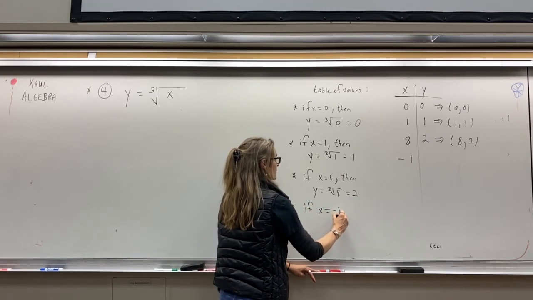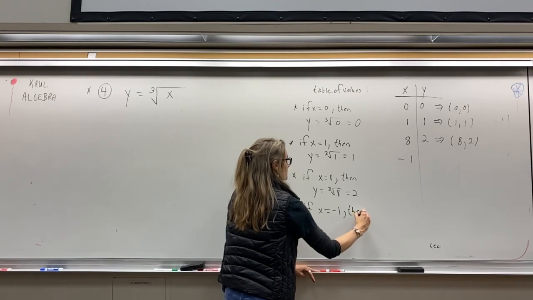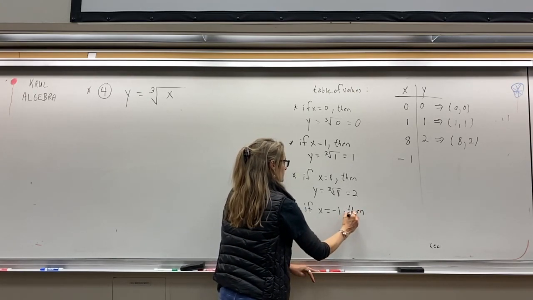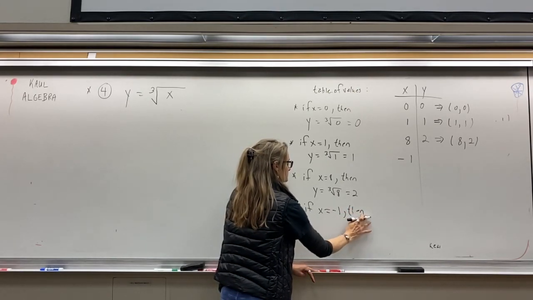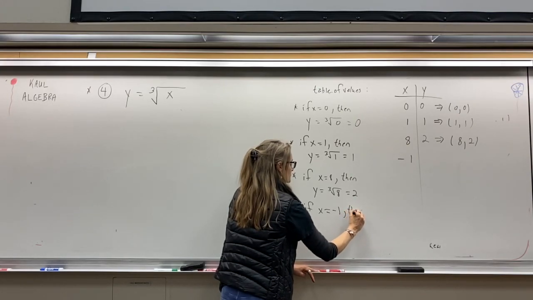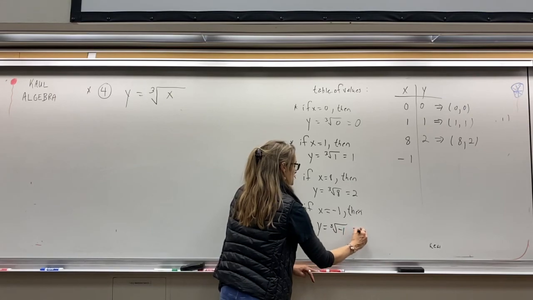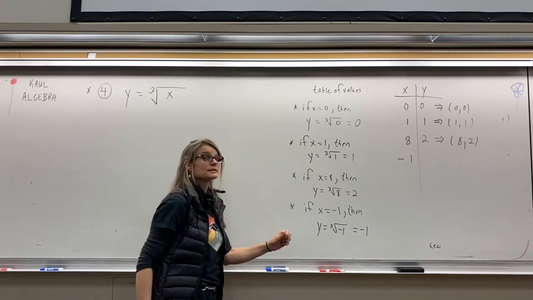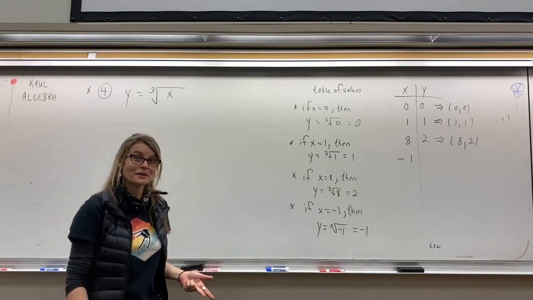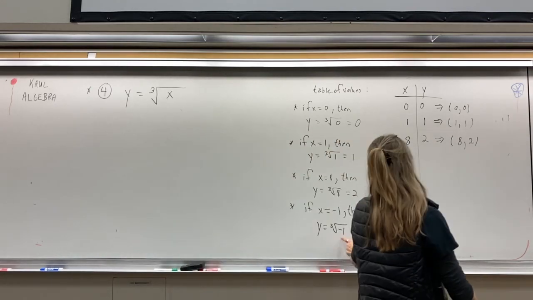If x equals -1, then y equals the cube root of -1, which equals -1, since -1 times -1 times -1, -1 multiplied by itself 3 times gives you that.